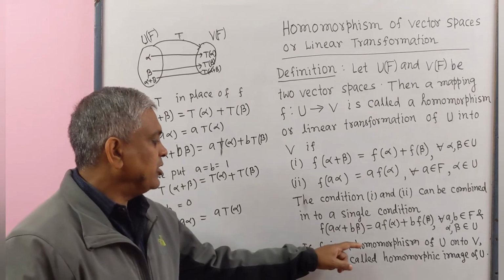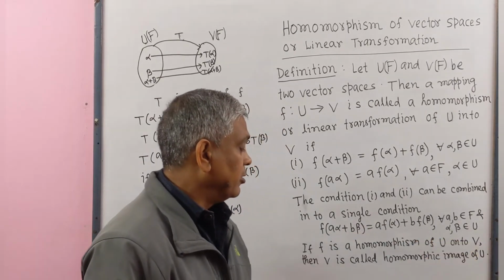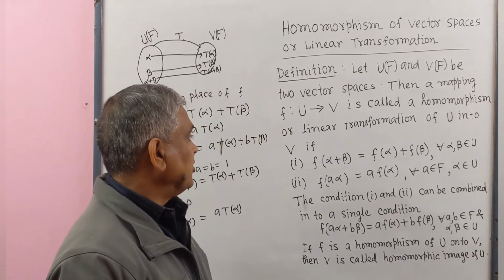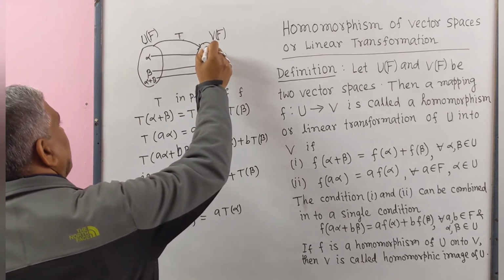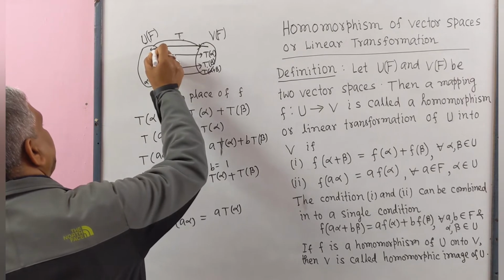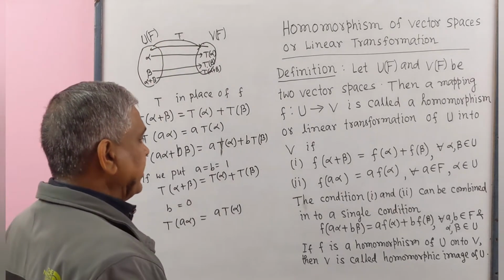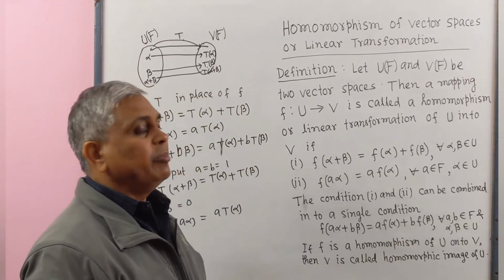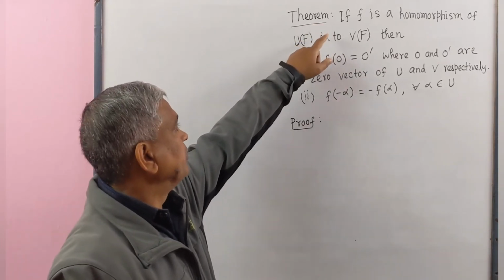If F is a homomorphism of U onto V, not into, onto V, it means for each element belonging to V(F), there exists a pre-image in U(F). And in that condition, V is called the homomorphic image of U. Now we prove a theorem.